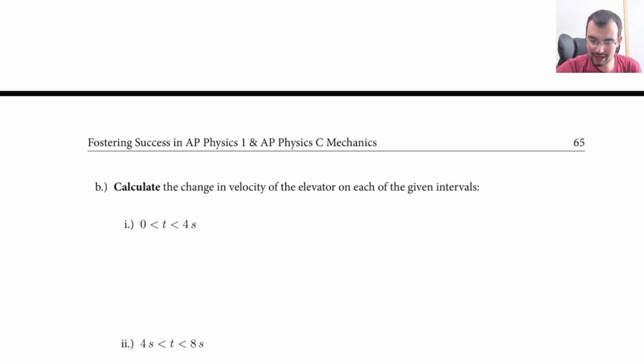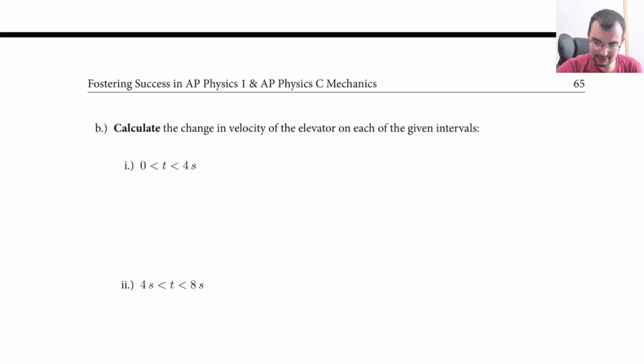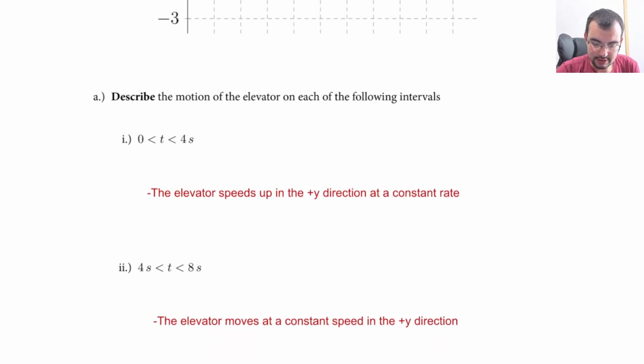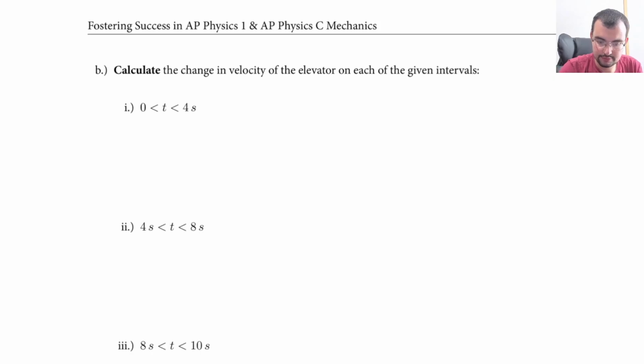Let's calculate the velocity change of the elevator at each of the given intervals. Now that we have this, we know that since this is acceleration, if we read acceleration, we get acceleration. If we slope acceleration, we get nothing. I'm not writing the x because it looks like position.